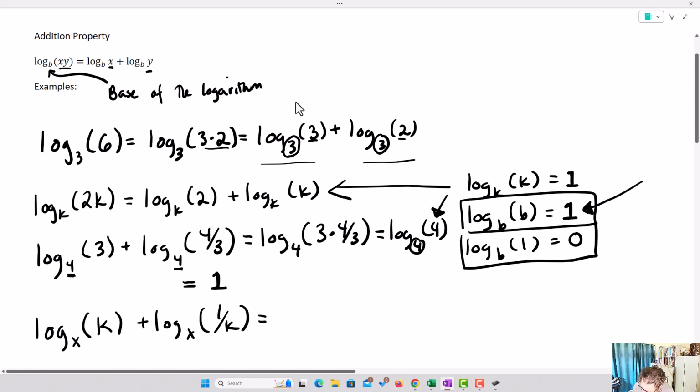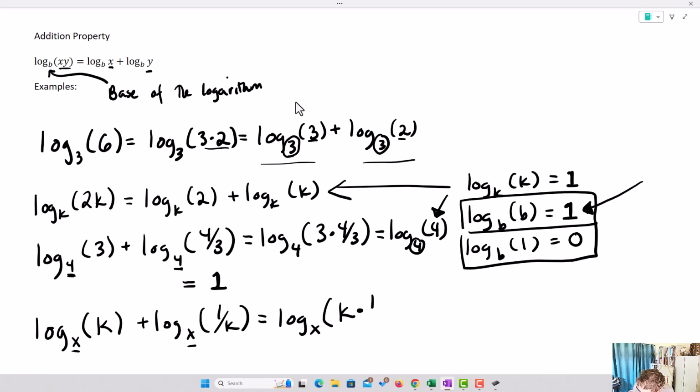Now we notice that the bases are the same again, so we can bring the two values in and multiply k times 1 over k. And this gives me log base x of 1. And this second property right here tells me that that actually equals 0. And that's the addition property of logarithms.